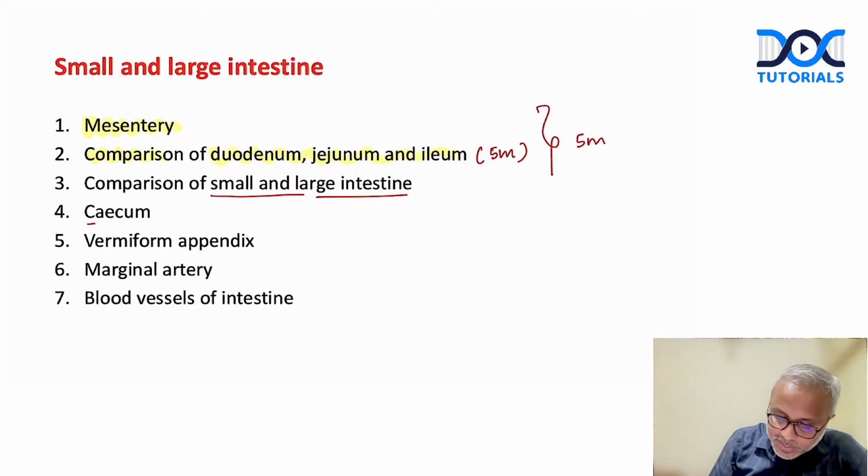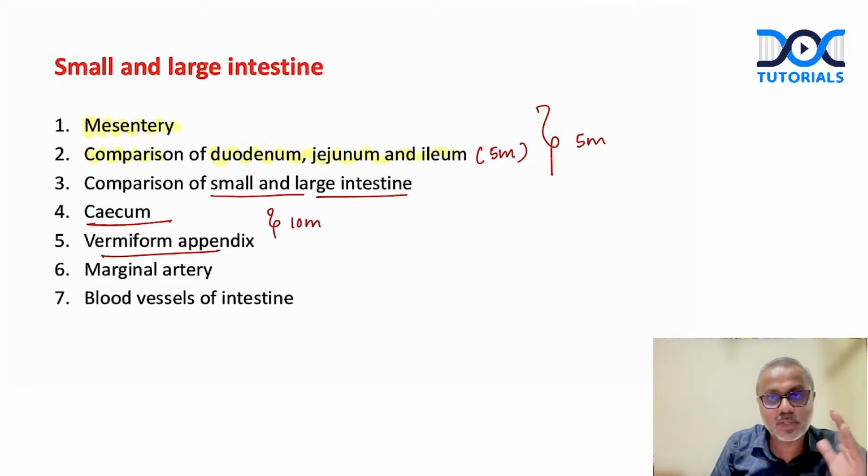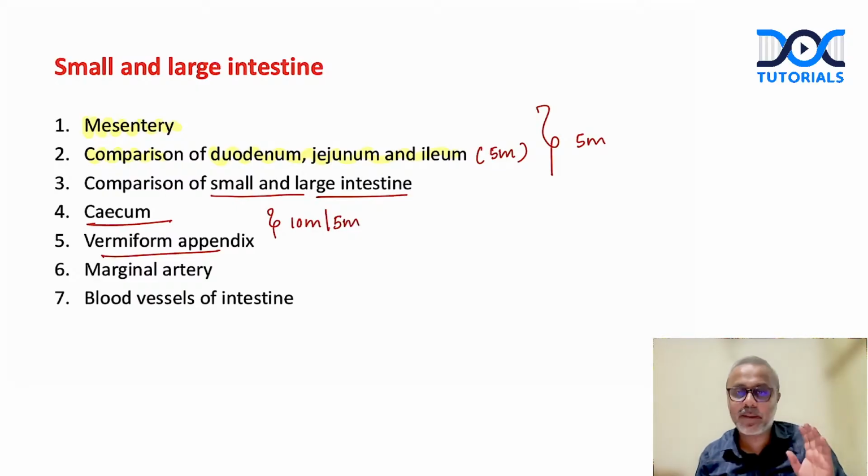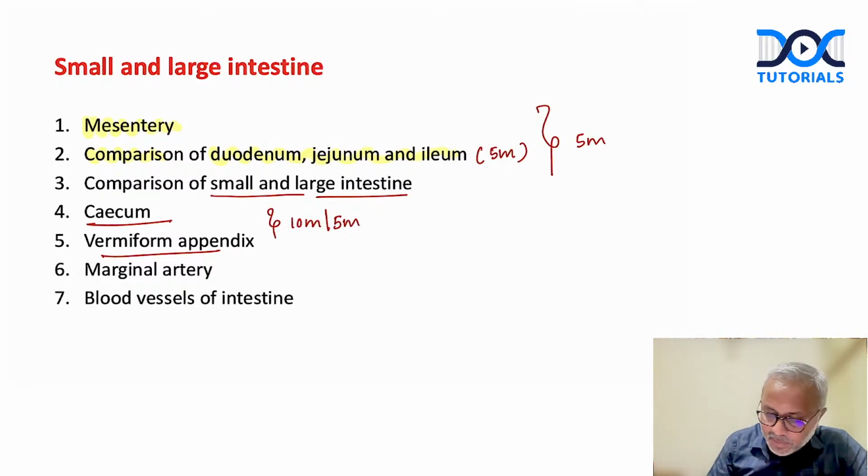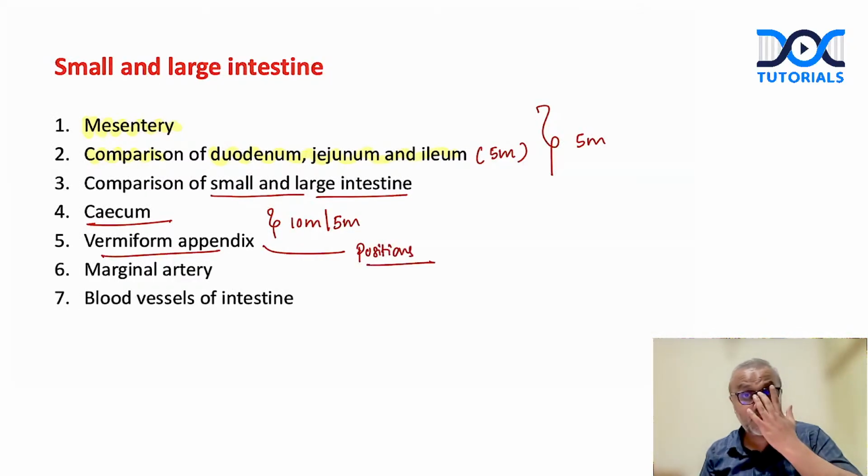Okay. Cecum appendix could be 10 marker questions. You never know. Or very frequently asked as 5 marker question. In vermiform appendix, especially the positions of the tip of the vermiform appendix, very important.